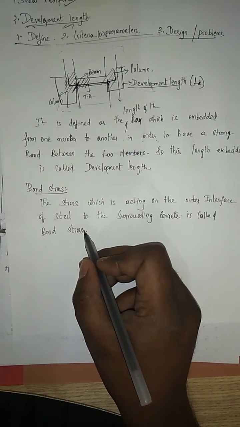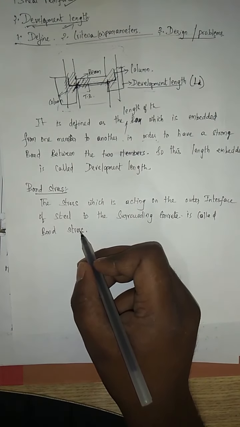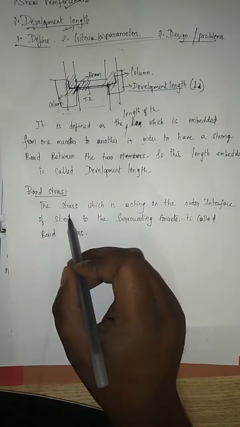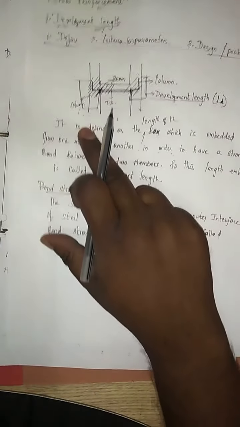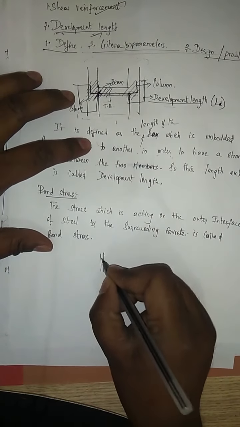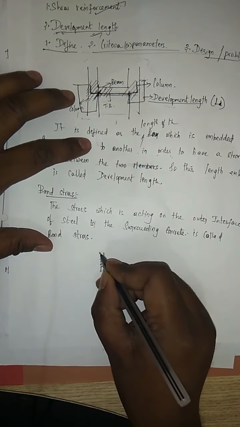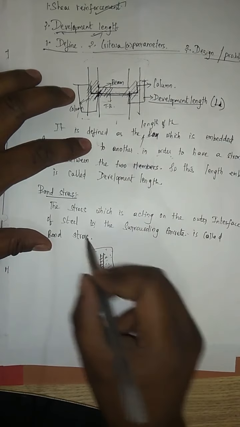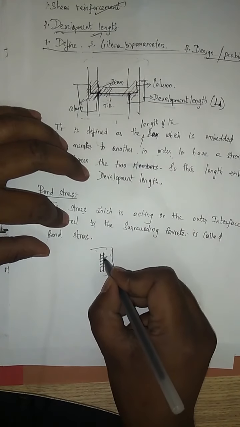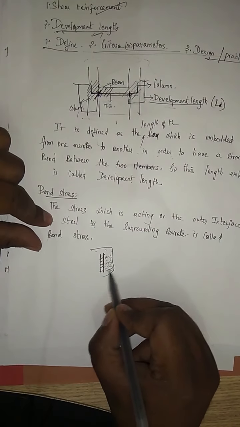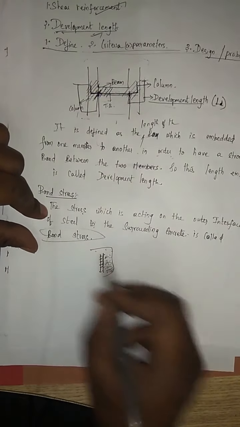Okay, what does that mean? The stress which is acting on the outer surface of the steel. If this is steel, it is surrounded with concrete, and this stress acting on the outer surface of the steel to the surrounding concrete is called bond stress.